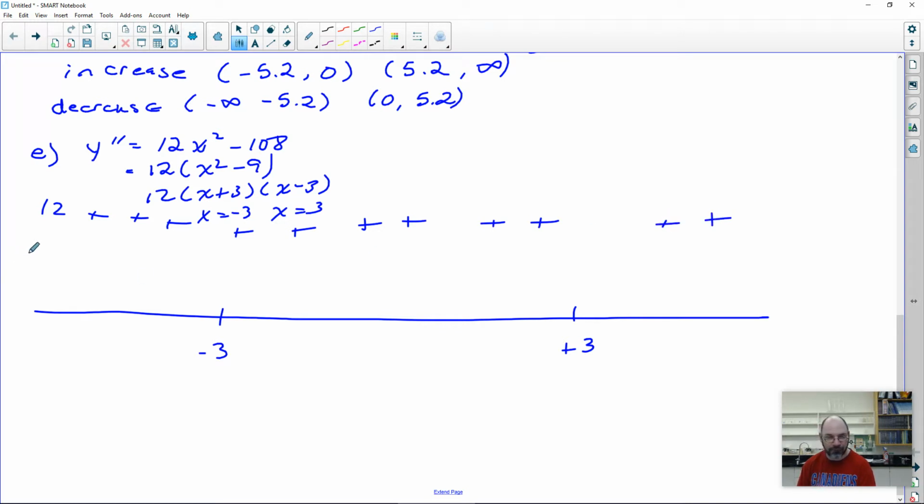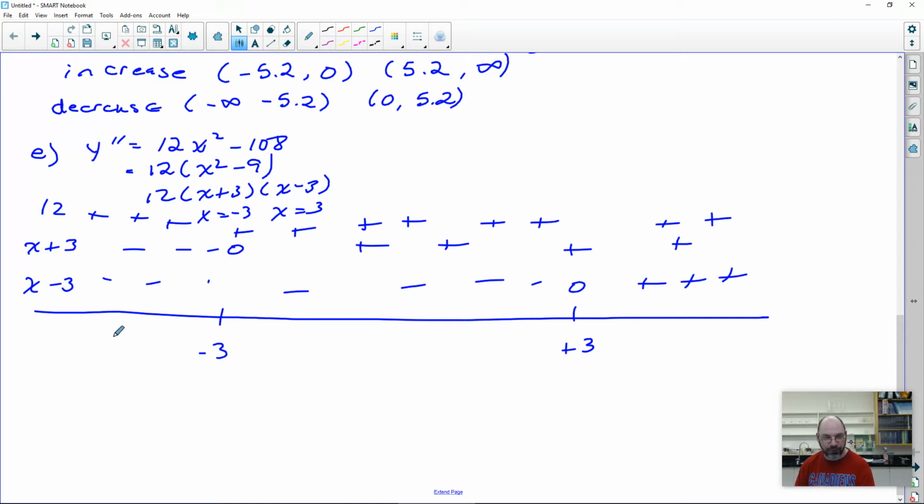It's always positive. x plus 3 is 0 right there, negative below and positive above. x minus 3 is 0 right there, positive above 3, negative below 3. For example, you put 2 in there, you get a negative number, right? So this would be a positive, this would be a negative, and this would be a positive.